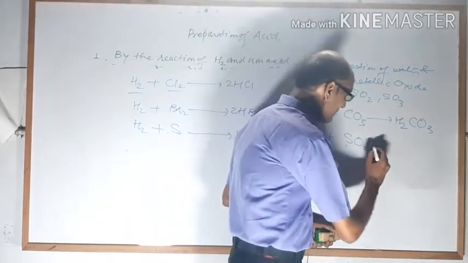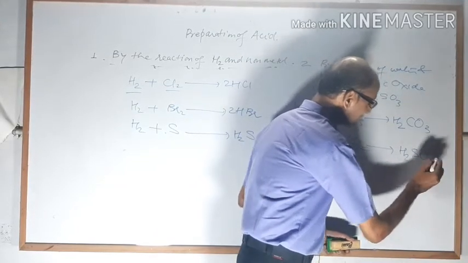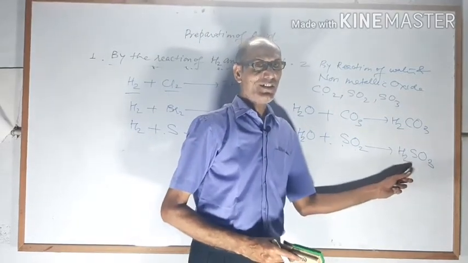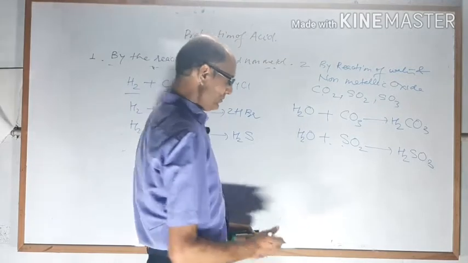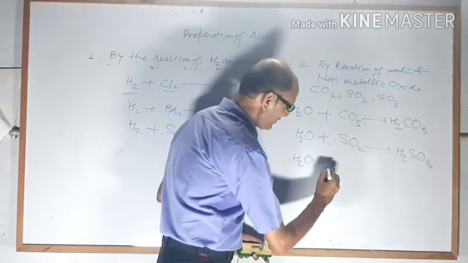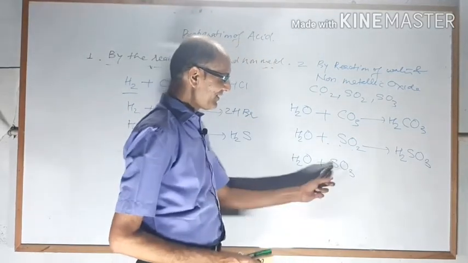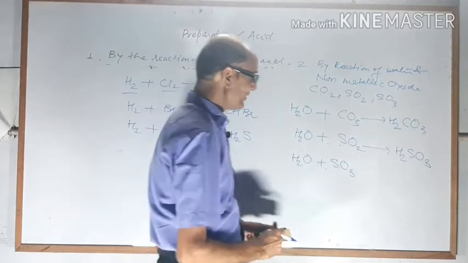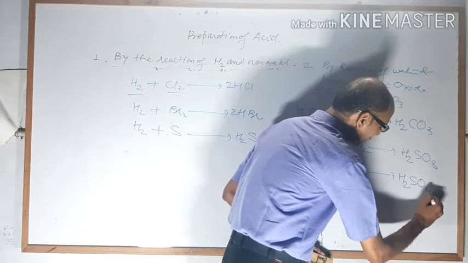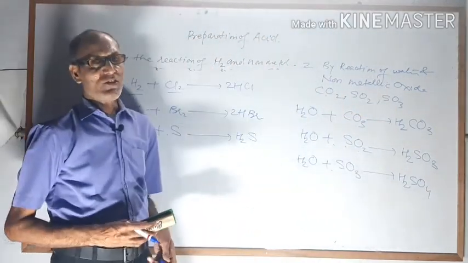So it will form H2SO3. This acid is called sulfurous acid. Next one, H2O plus SO3. This is sulfur trioxide. So it will form H2SO4. This is sulfuric acid.